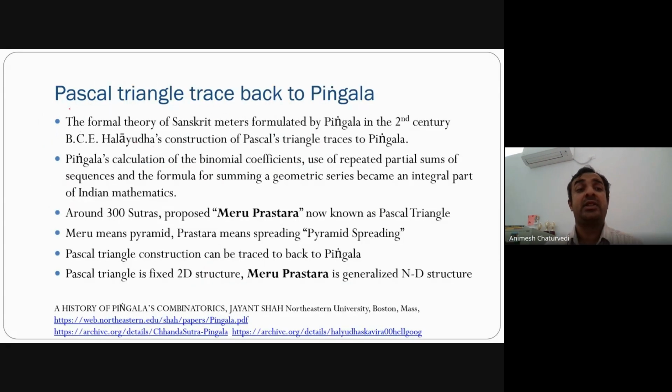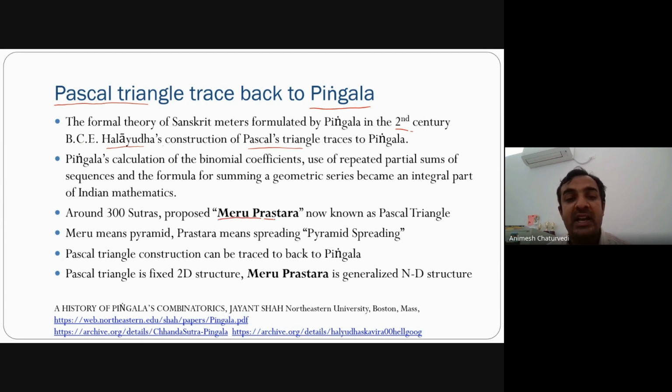So what is Pascal triangle? We have to come to make the talk relevant. This was invented by Pingla, who lived in the 2nd century before the Christ era, and he wrote the Halayudha construction, which says that Pascal triangle was nothing but a Meru Prasthara.